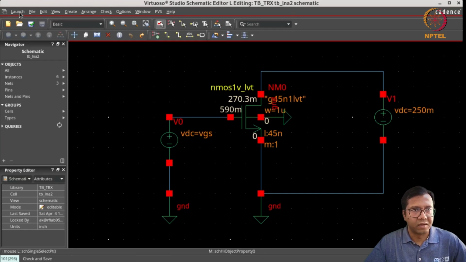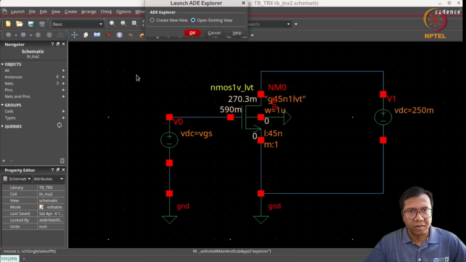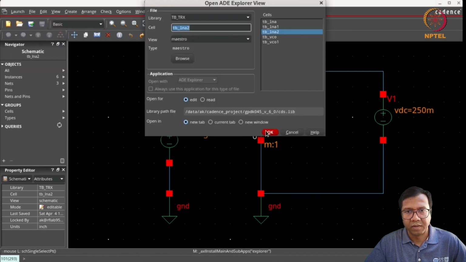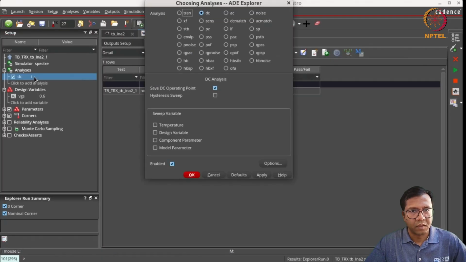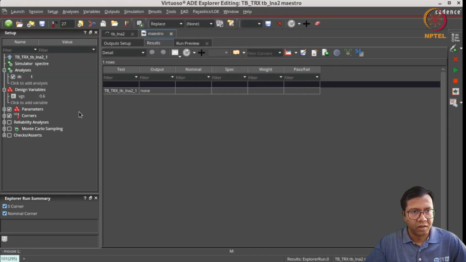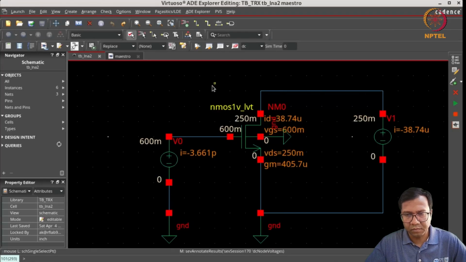So let us start the simulation. So we are going to do a DC operating point simulation for this. And we have chosen an initial value of VGS equal to 0.6 volts. So we can see that under this initial condition, we are getting a GM of 405 microsiemens.